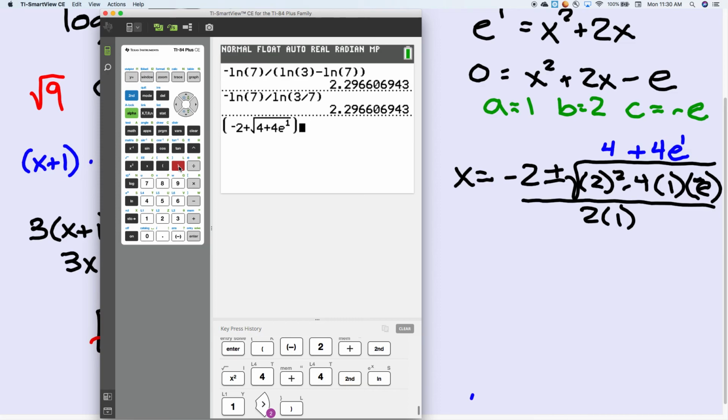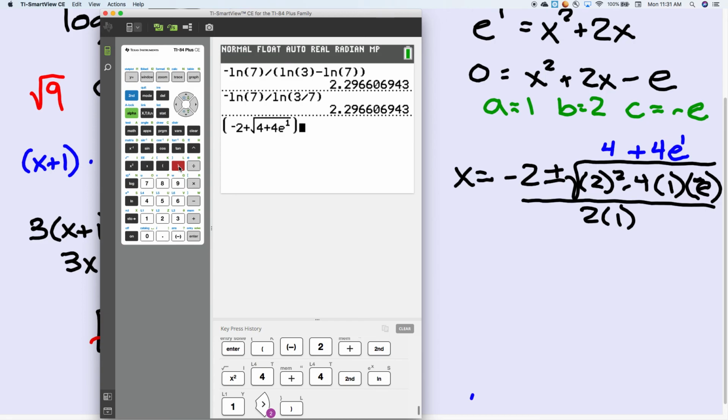If you have a calculator that when you type it in, it looks like negative 2 plus square root parenthesis, then you have to do 4 plus 4e to the first. You got to close your parenthesis for e and close your parenthesis for the radical, and then you got to close your parenthesis for the numerator. So if you have that older version, you got extra parentheses. You opened it for the numerator, you opened it for the square root, you opened it for e, so you close it 3 times right there.